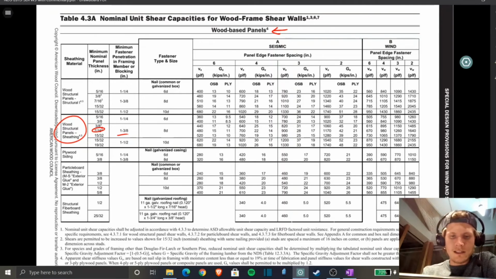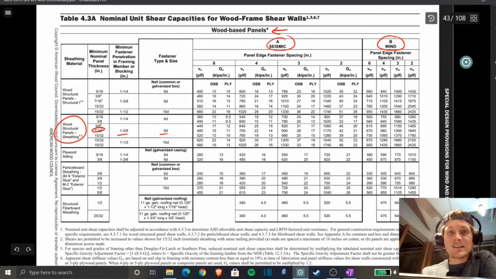So that's just typical there. That's for your specifications of how the contractor needs to build this in order to get the required or the desired design capacity of your shear wall. So all of this stuff you would specify in your drawings. 8D nail is the type of fastener that you need. And then you have two criteria. You have seismic, which is A, and then you have wind, which is B.